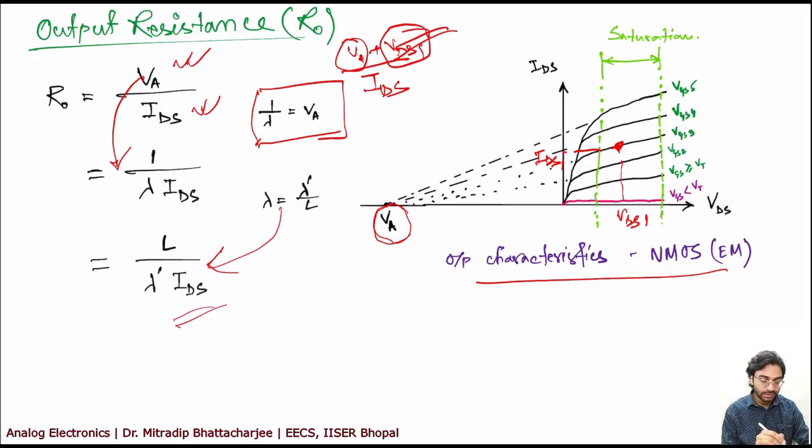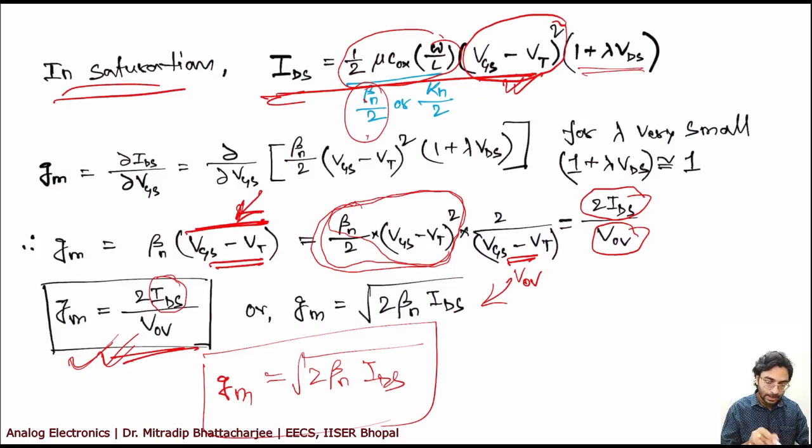I have shown you this expression to say that our output resistance is a function of L. So if you keep L very long, you'll get a very high output resistance. However, if you make L very long, what happens to your IDS? Your IDS will be very small, which is not desirable.